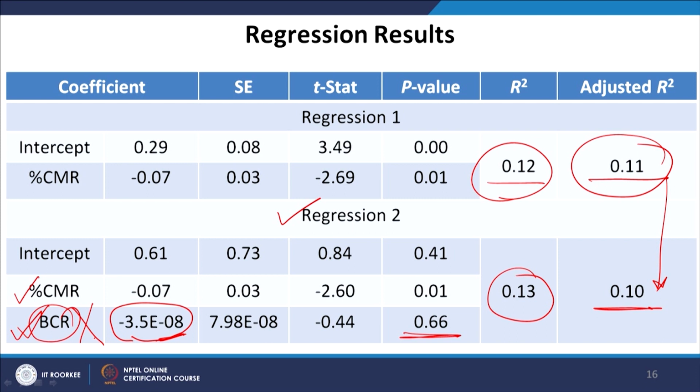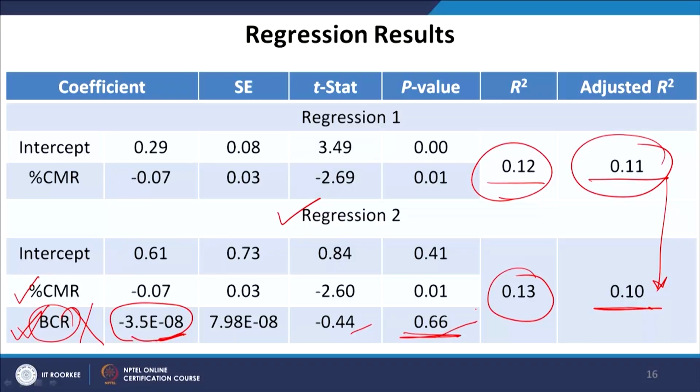Of course, there are other criteria which also suggest so. One of them, the most obvious one, is the t statistic or the p values, which indicate that we need not include this variable in the analysis, right. So, this is about using adjusted R square as a measure of goodness of fit.